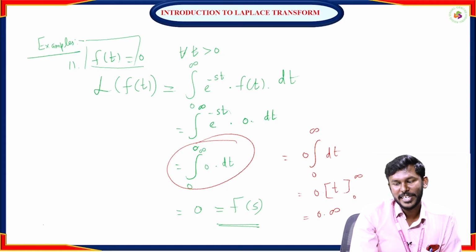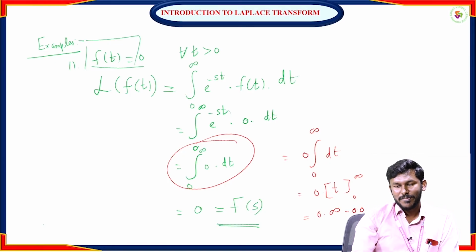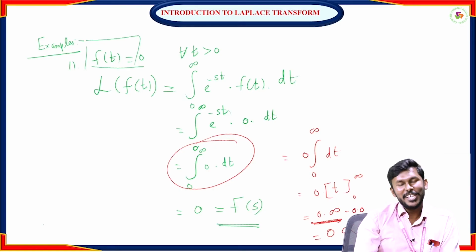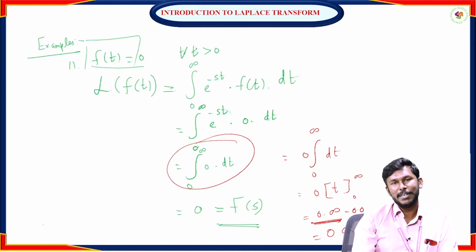So 0 times infinity minus 0 times 0, upper limit minus lower limit, they do. Here 0 times infinity, they write 0, it is fully wrong actually. It is an indeterminate form, yes or no? So how do I write this directly as 0?